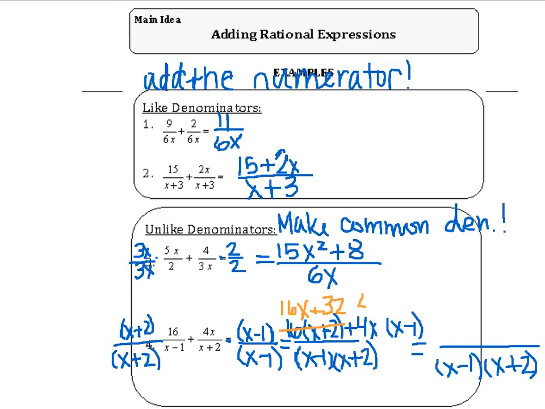So I have 4x squared minus 4x. And these are added, and since they're added, it doesn't matter what order I do this. Now I'm just going to combine my like terms and simplify here. So 4x squared, that comes first.